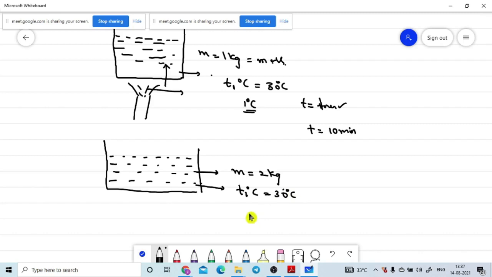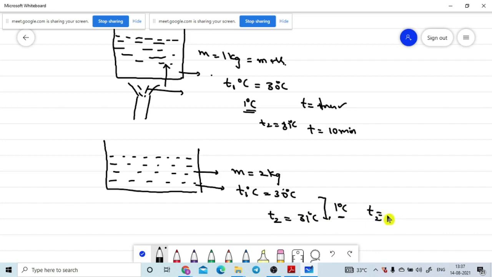Now I perform the experiment to raise this water by 1 degree Celsius. That means, as in the previous case, I reach T2 equal to 31 degrees Celsius. But I measure the time.